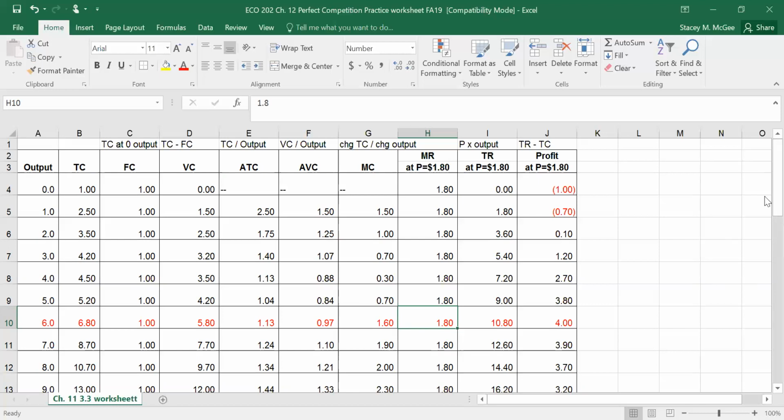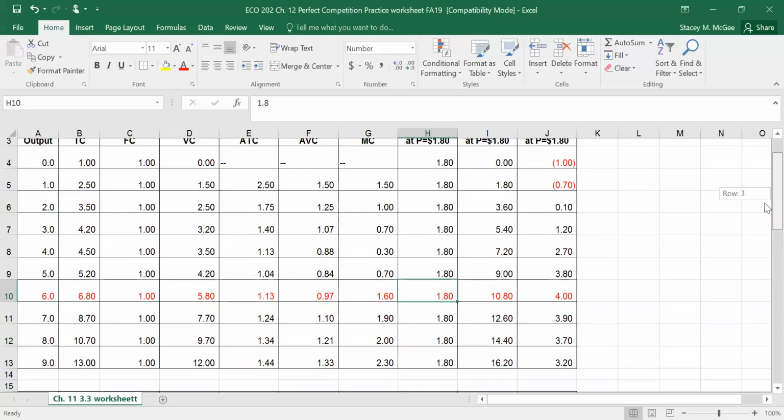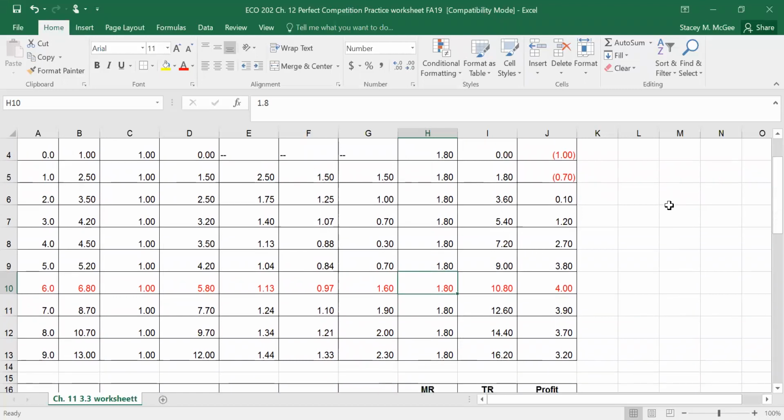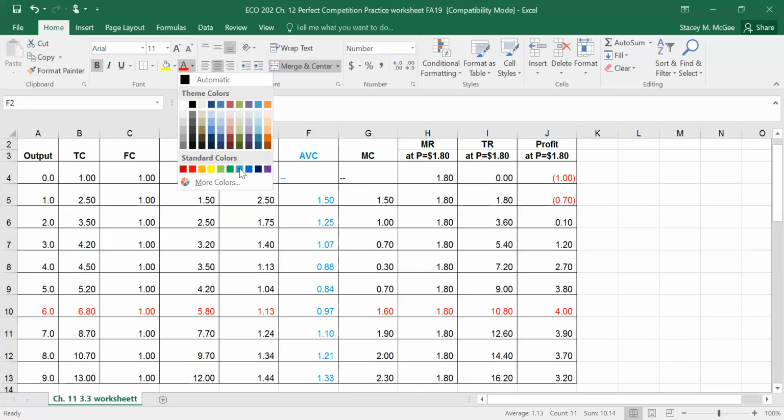So you do the same thing if the price is $1, and then here's the beauty. All the costs are going to be the same. It's just the revenue that's going to change, and therefore the profit. But we can look at a couple different things here. Also, if we look at the average variable cost right here, we can see, let's make you blue.